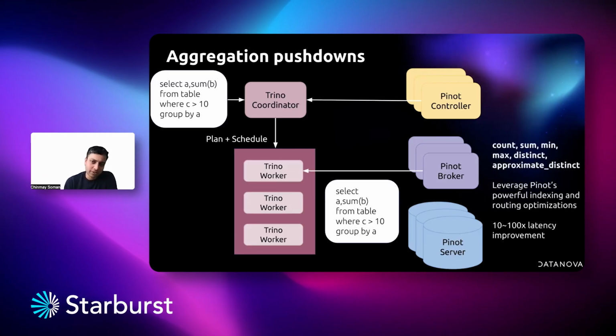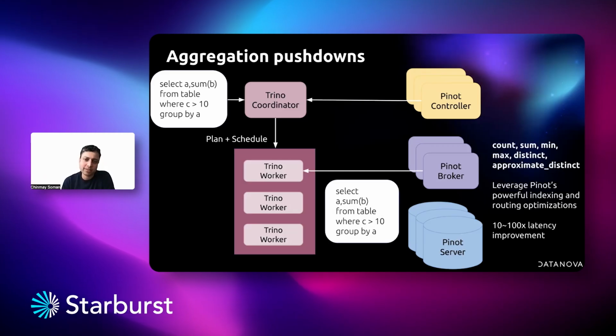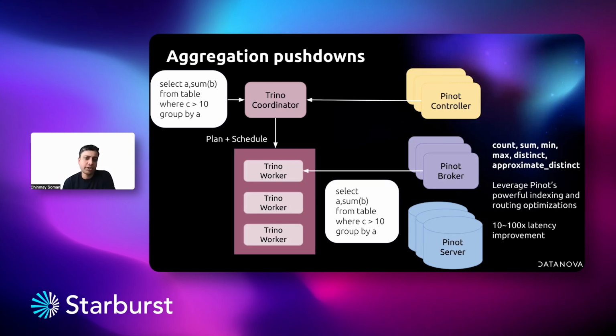So this is really powerful, and it supports the aggregation functions mentioned here, such as count, sum, min, max, and so on. And the reason it's powerful is because here we're leveraging all of the indexing and routing optimizations that Pinot has to offer.